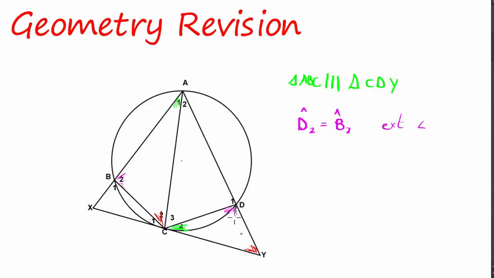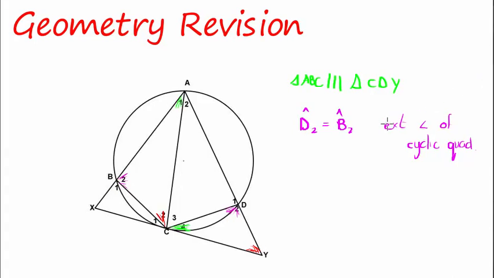Tangent chord. No, this is not a tangent. Radius and no, it's not. It's a chord. Remember, we had a theorem that says if we have a cyclic quadrilateral, if we extend one of the sides, it's equal to the opposite interior. Okay, so there is one mark, the easiest mark to get.